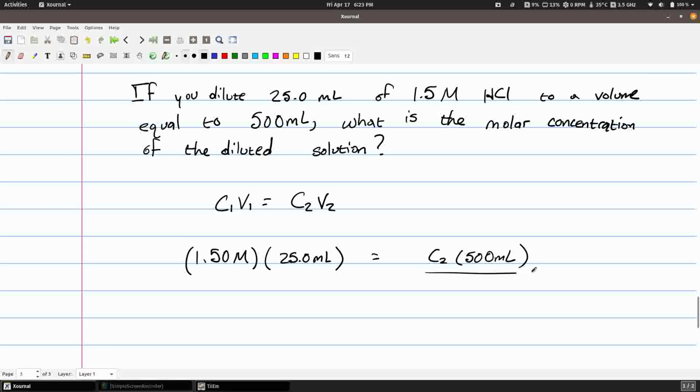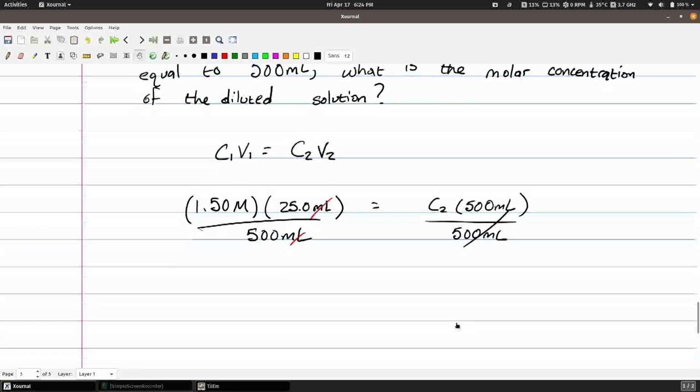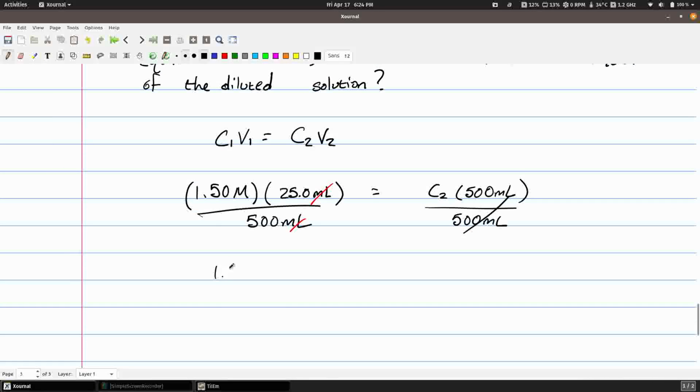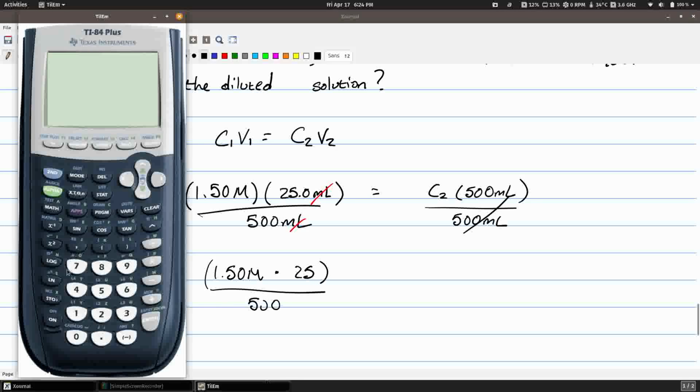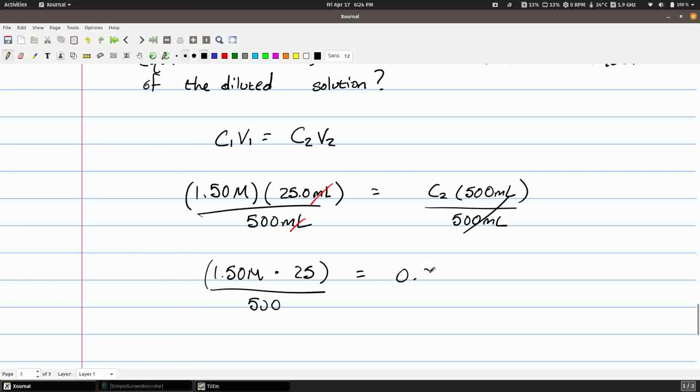To solve this, you simply divide both sides by 500 milliliters, and the milliliters cancel out. So your answer is 1.50 molar times 25 divided by 500. Let's plug that in the calculator. Your answer is going to be 0.075 molar.